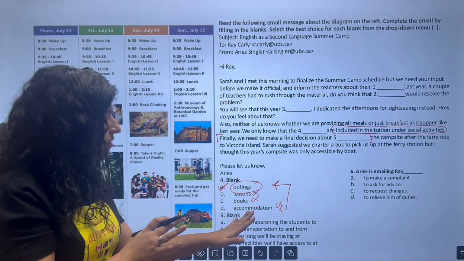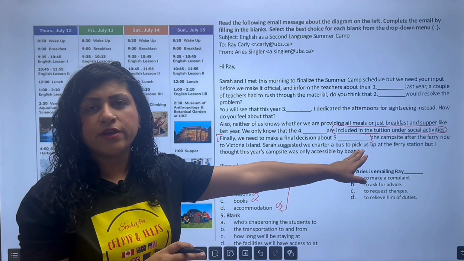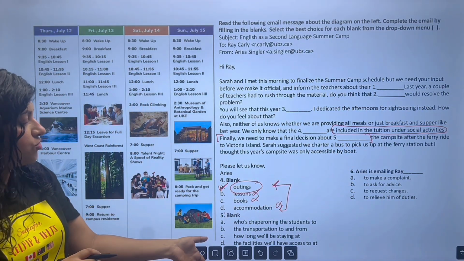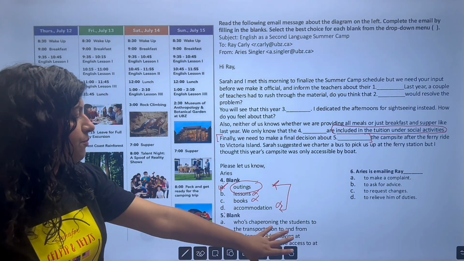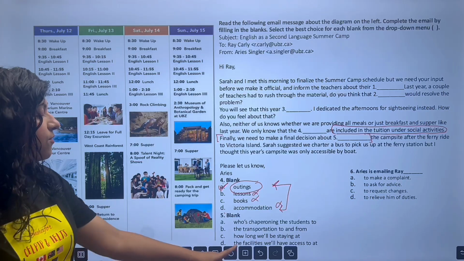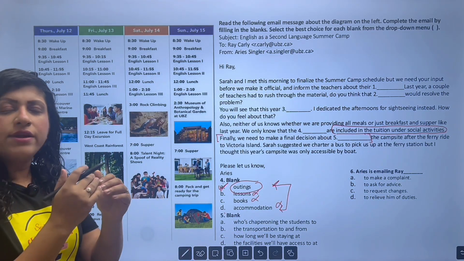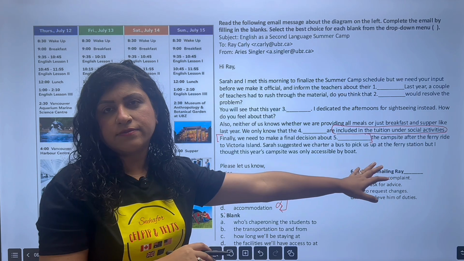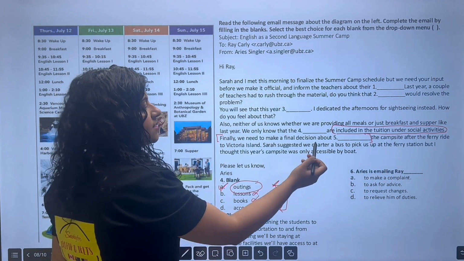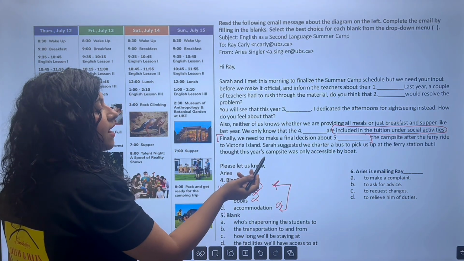So if you think that this diagram is not giving me the option over here, and I don't know what final decision they need to make, whether it's about who is chaperoning the students, about transportation, or how long they'll be staying, or facilities, try to relate it with the later part of the text. The later part says something about the campsite after the ferry ride to Victoria Island.